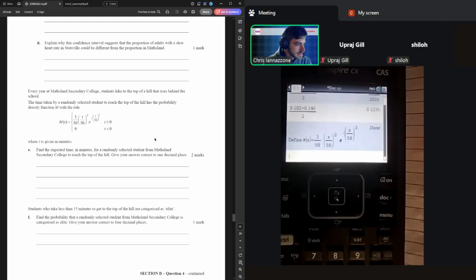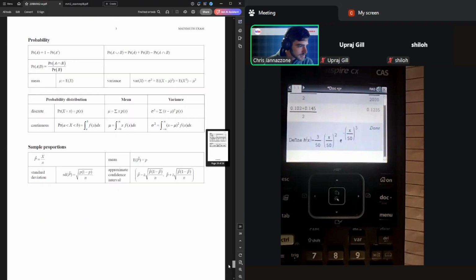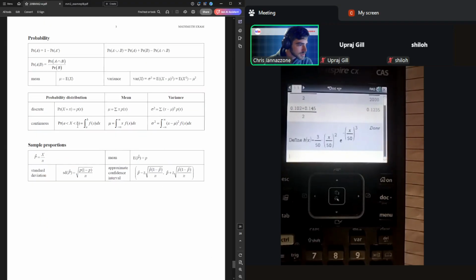Expected time, expected value. Another keyword for that would be the mean, right? Expected value and mean are talking about the exact same concept. Let's see, on the formula sheet, do we have a thing for continuous? We do, yes. So mean, continuous, there.